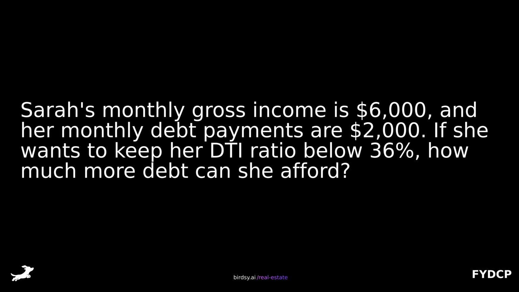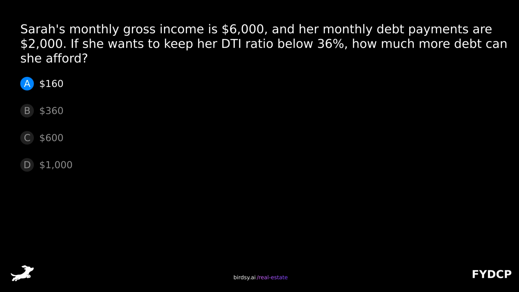Sarah's monthly gross income is $6,000, and her monthly debt payments are $2,000. If she wants to keep her DTI ratio below 36%, how much more debt can she afford? Is it A, $160, B, $360, C, $600, or D, $1,000?